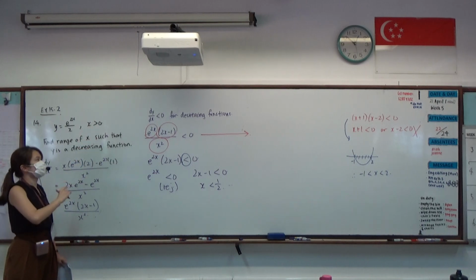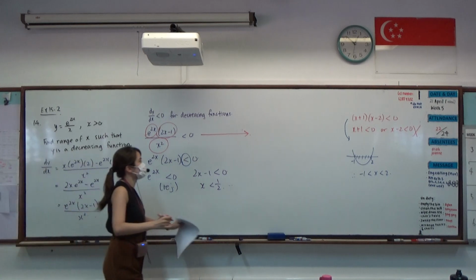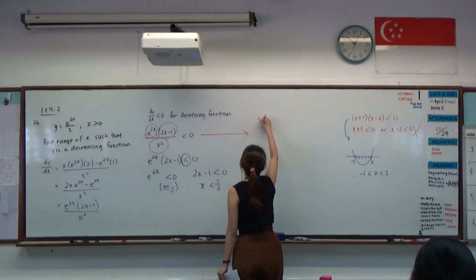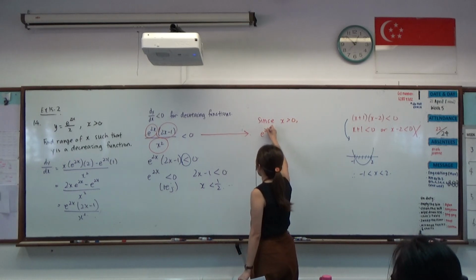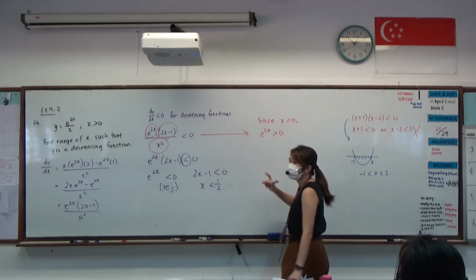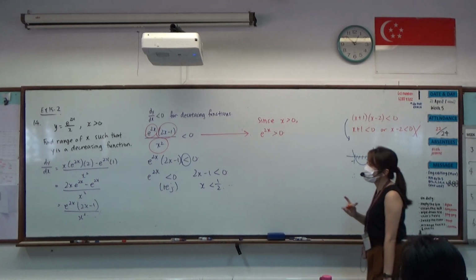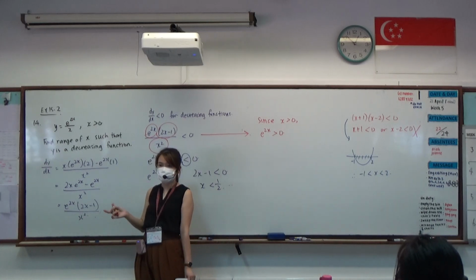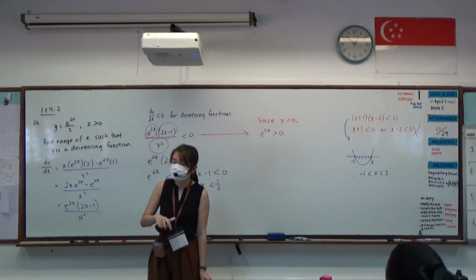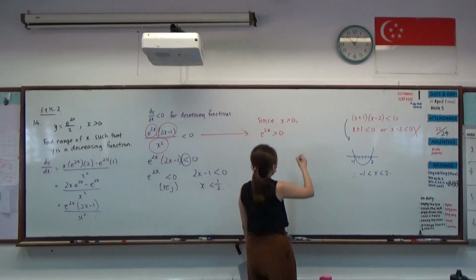Even if x is less than 0, for whatever value of x, the exponential will always be more than 0. So since x is more than 0, e to the power of 2x is surely more than 0. What's more, x squared will also surely be more than 0. It will never be equal to 0, because for this to be 0, x must be 0.